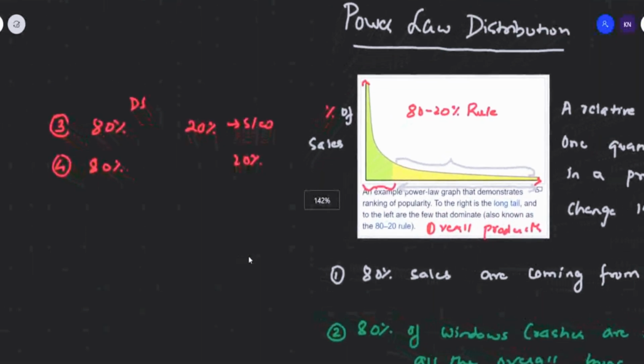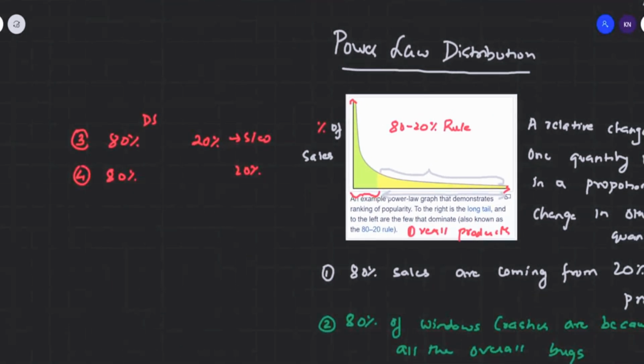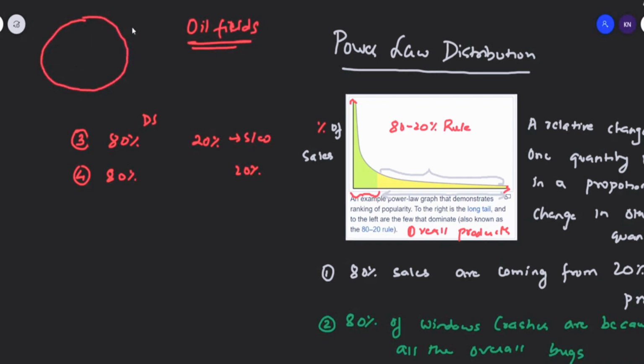One very good example is with respect to oil fields. Probably just understand that this is the entire area of the oil field, and after this particular area, there are also small areas surrounding it where oil fields are available.